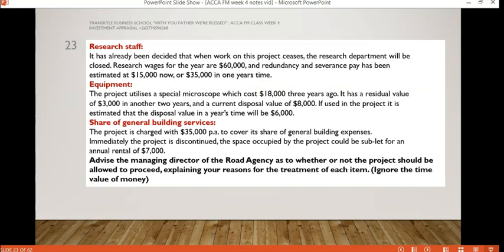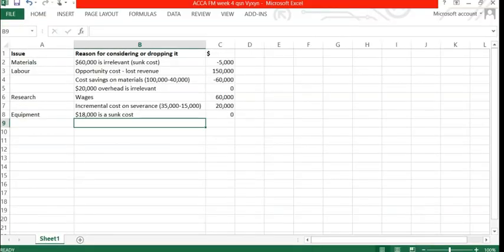Okay, so we know that the project is going to end in the next year, in 1 year's time. So therefore, any revenue we are going to receive after the coming year is irrelevant to the project. Okay, that's irrelevant. All right, so 3,000 is also irrelevant.